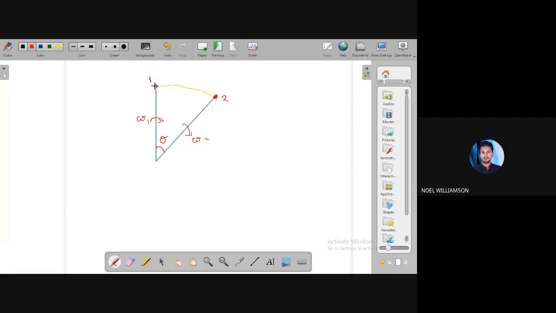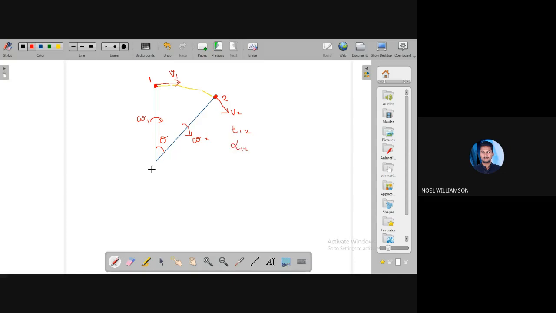The linear velocity will always be tangential, that is v1 here and v2 here. The time taken is t12, and the angular acceleration is alpha 12. These things we all know.